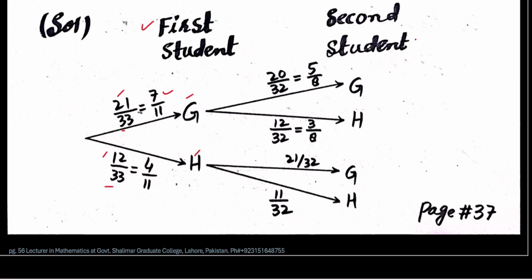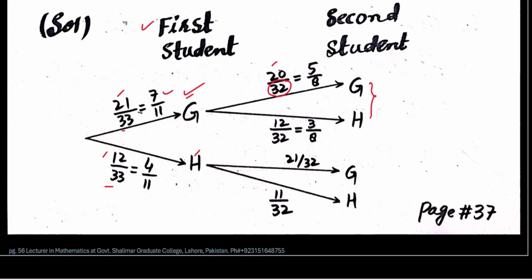Now when you pick the second student, one student you have already selected. Now remaining students are 32. Now again you have two choices. Either he reads geography or history. If he reads geography, then now total students who can read geography are 20, because one student who reads geography is already chosen at first place.